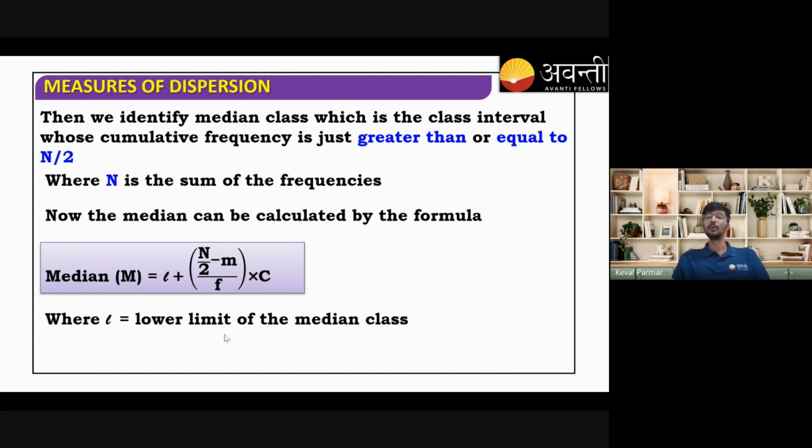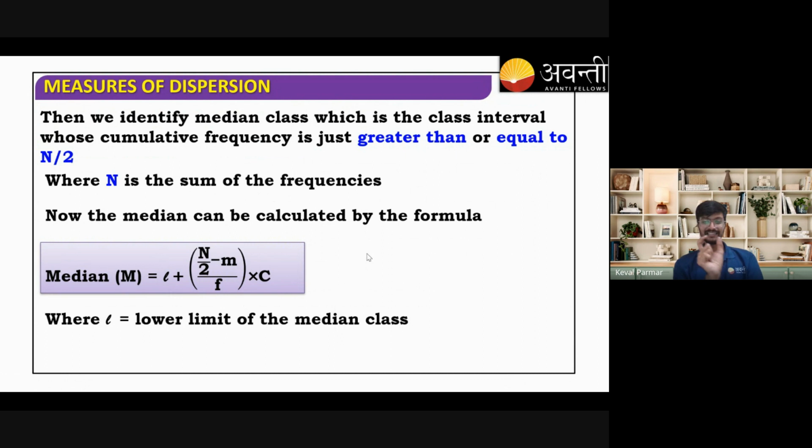l is the lower limit of the median class. What is the median class? We just now saw. When we get the cumulative frequency, we divide n by 2 and get the closest value of cumulative frequency. The class interval corresponding to that closest value is called the median class. Suppose the median class is 20 to 30.